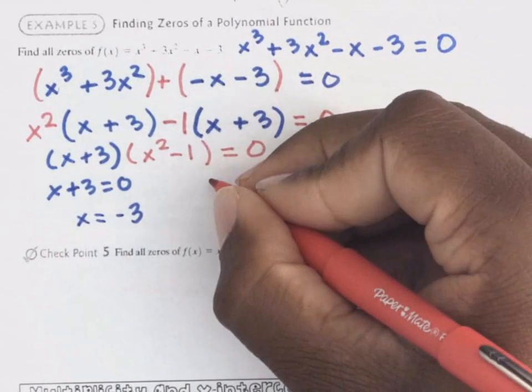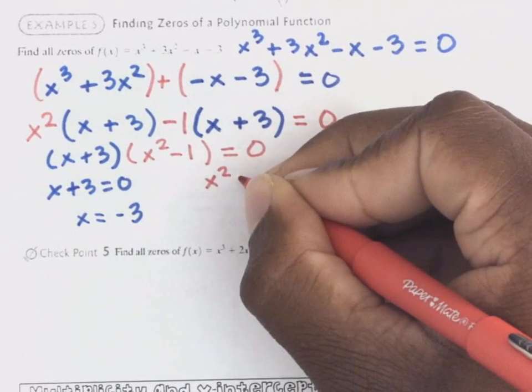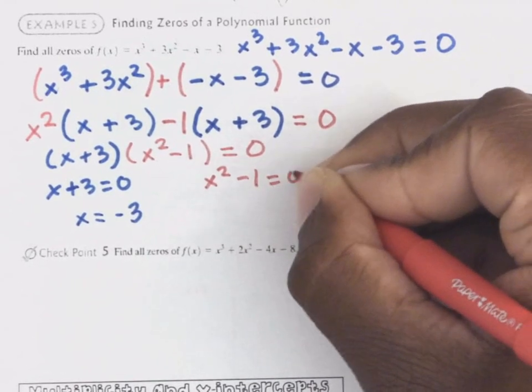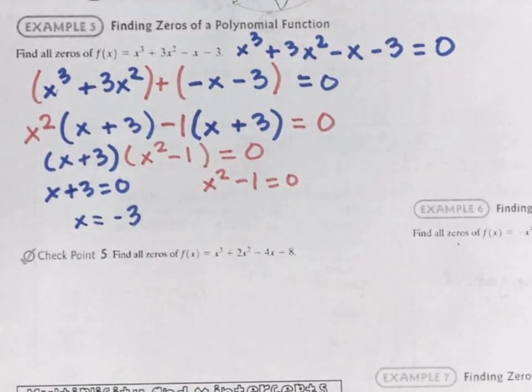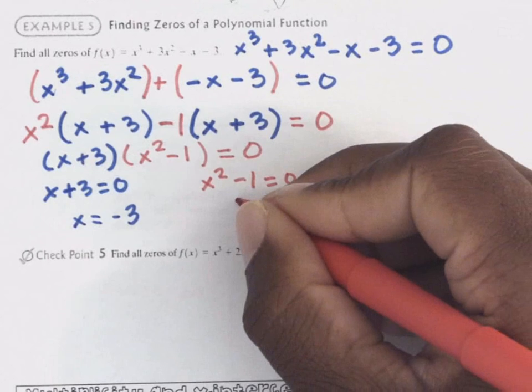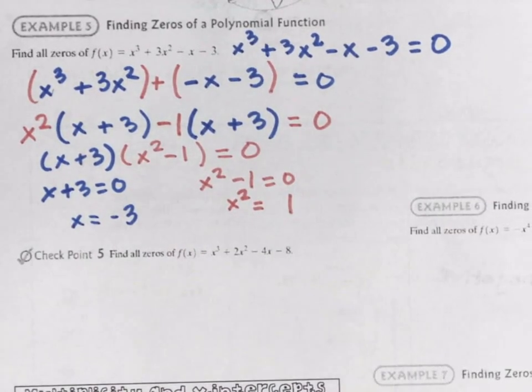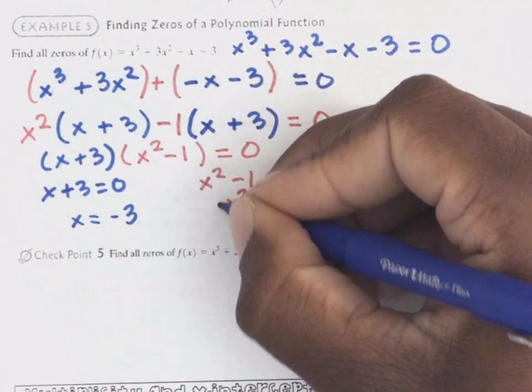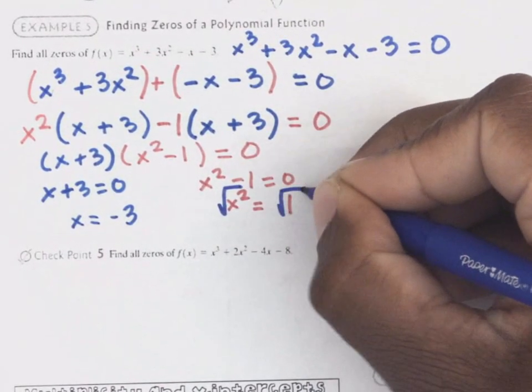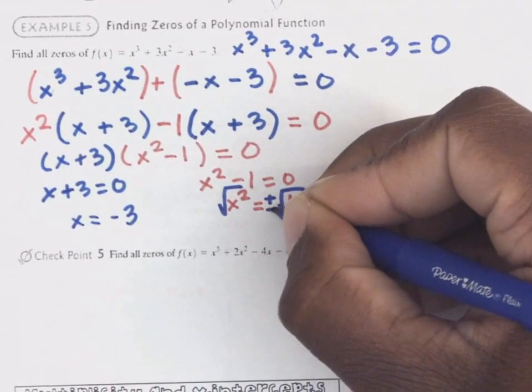I go on to the next one. X squared minus 1 equals 0. Add 1. Then I do what to both sides? Yeah. When I take the square root, I got plus or minus.